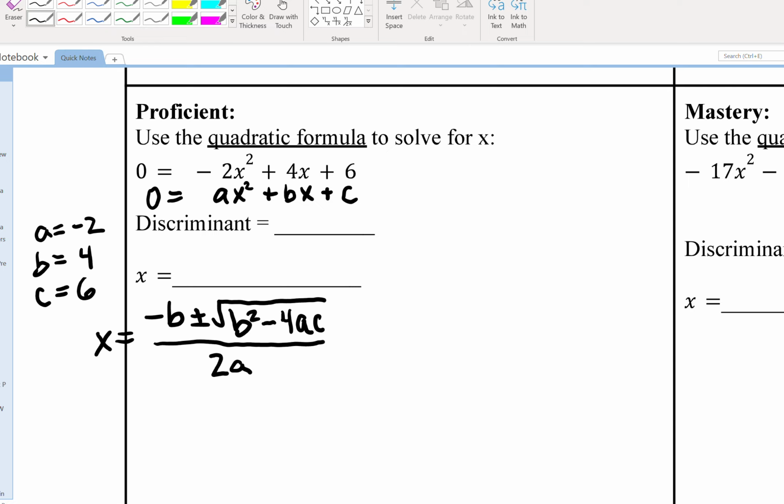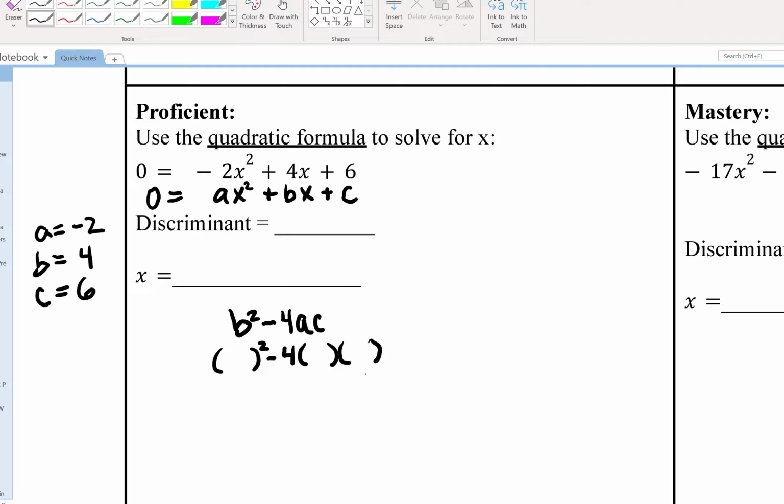And the discriminant is just the part under the radical. It doesn't even include the radical. So that's what we calculate first, b squared minus 4ac. If you write it below, it'll help you make those substitutions.